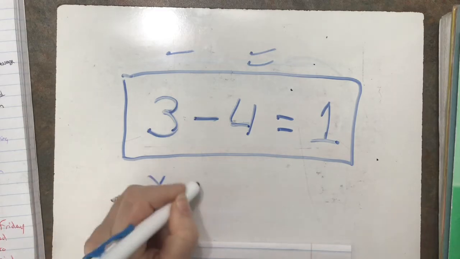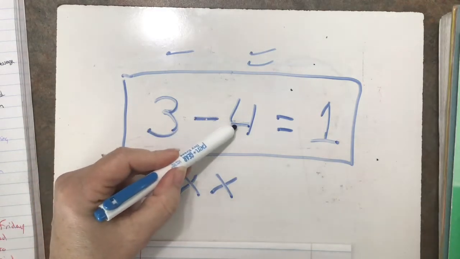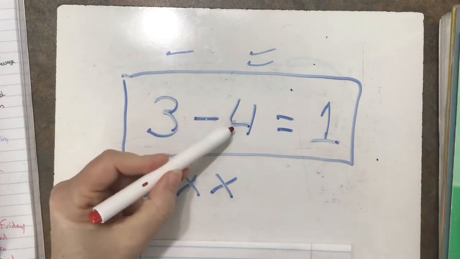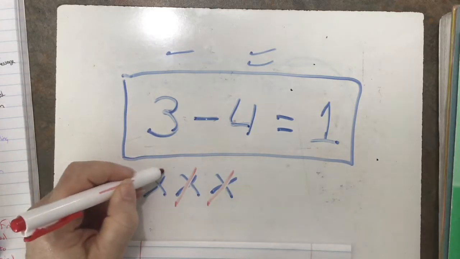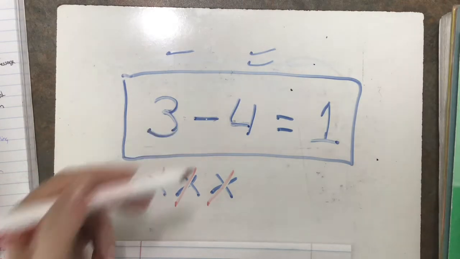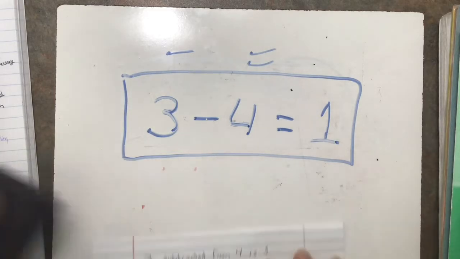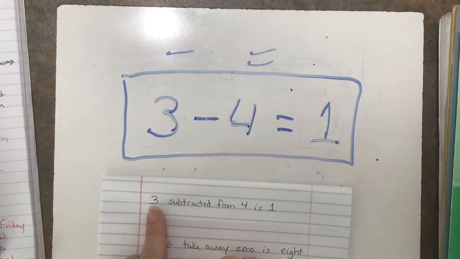If we have 3 of something, can I take away 4? Let's try. I'm going to try to take away 4 from 3. 1, 2, 3. Wait, I can't take away 4. That's because my sentence that they gave me does not say that I am taking 4 away from 3.